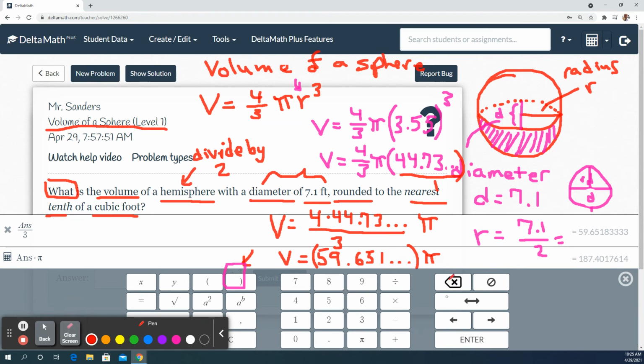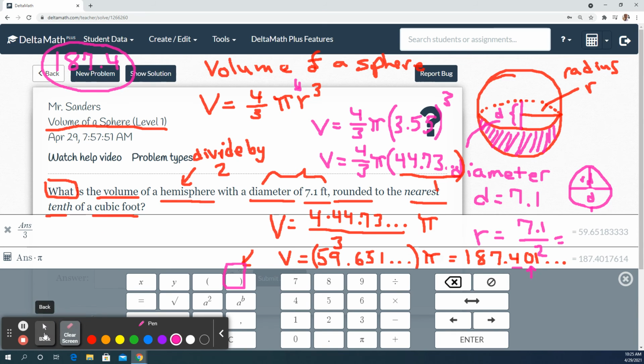So all of this now equals 187.401... and then they want it rounded to the nearest tenth. The nearest tenth would be this place right here. We'd look at that number. It just drops off. And so our final answer is 187.4.